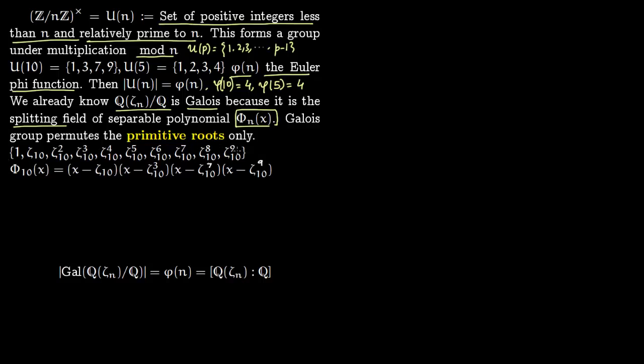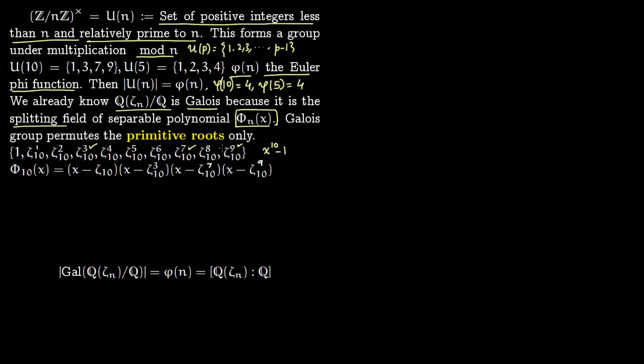So for example, all these are roots of this equation, x^10 minus 1. So you can see there are 10 roots. Out of these, the primitive ones are precisely the ones whose powers are relatively prime to 10. So this we have seen before. So this is a primitive root, then 3, then this 7, and then this 9.